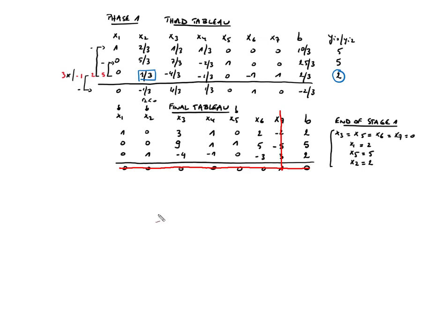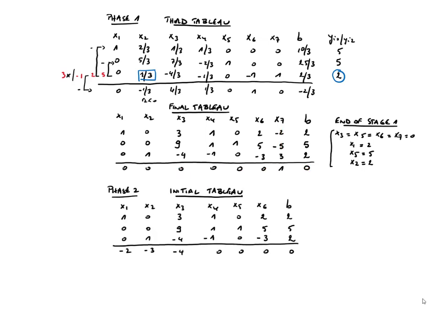And what we'll have to do is to add the cost associated to the original problem, and in standard form, after transformation to minimization, we have -2, -3, -4, 0, 0, 0, 0. And indeed, this is the initial tableau of phase 2. Here you recognize the cost from our standard form.